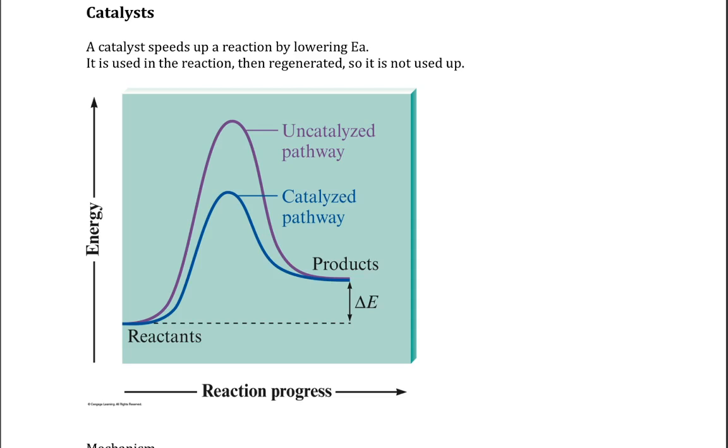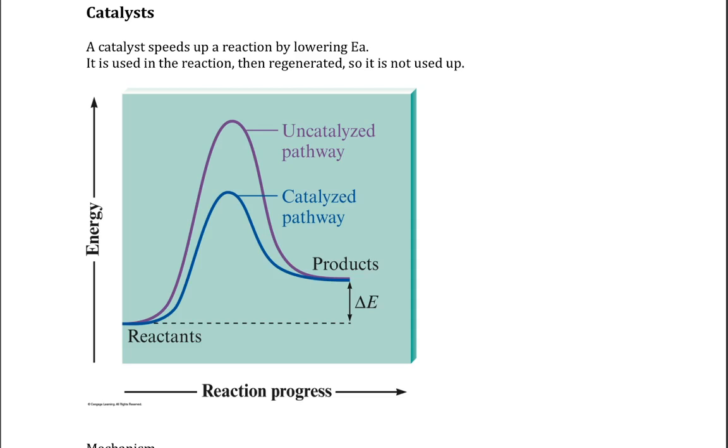As we eat food, we need to digest it quickly so we get energy from it, and our enzymes make that happen. An enzyme speeds up the reaction but is not used up. It's regenerated, and that's part of the definition of a catalyst: it speeds up a reaction and is regenerated through the course of the reaction.